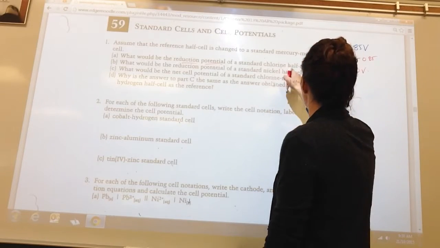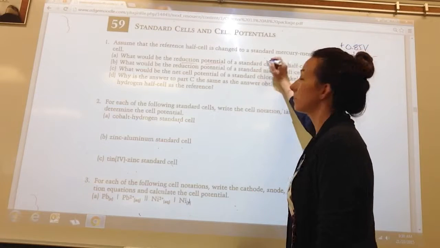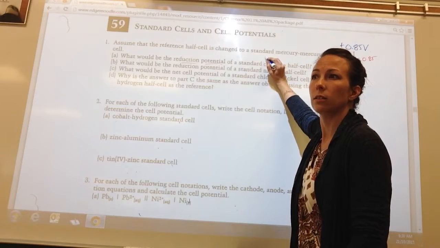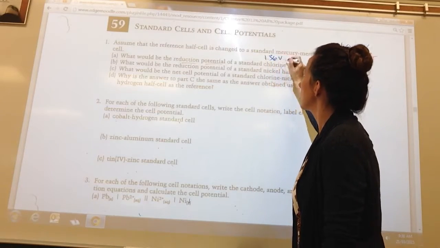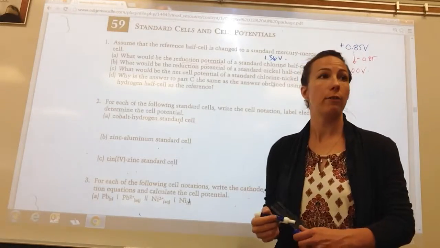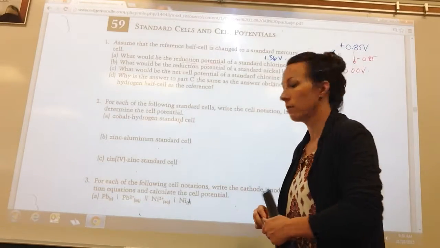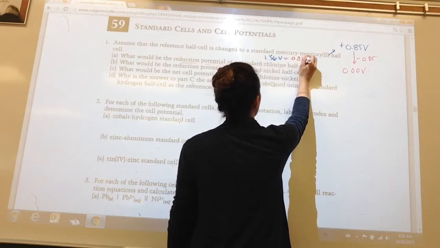What is the current chlorine? 1.36 volts. And I've shifted my ruler down 0.85. So therefore, I need to shift this down 0.85.